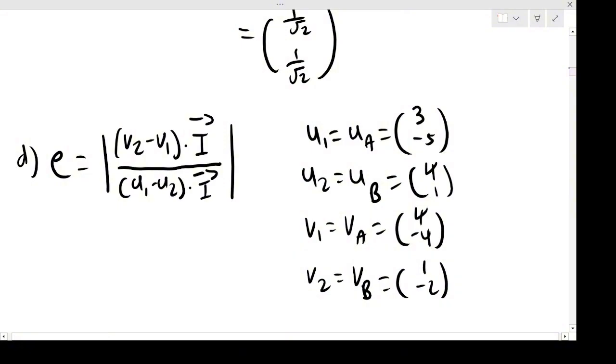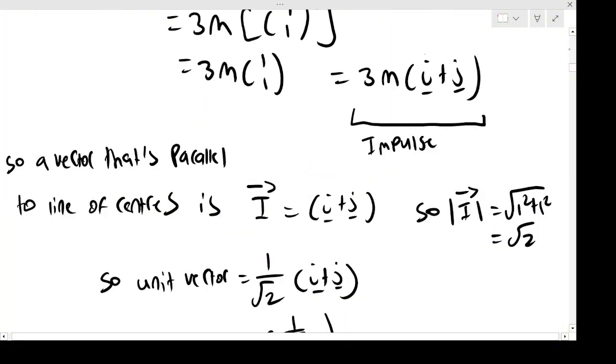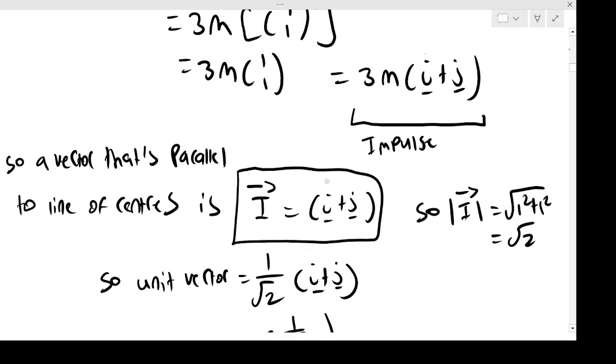Now, obviously, the last ingredient I need before I plug things in is this I with an arrow on top. That represents what I just discussed previously: the direction vector of the impulse. Actually, we said that the direction vector I with an arrow is I and j, or 1, 1.